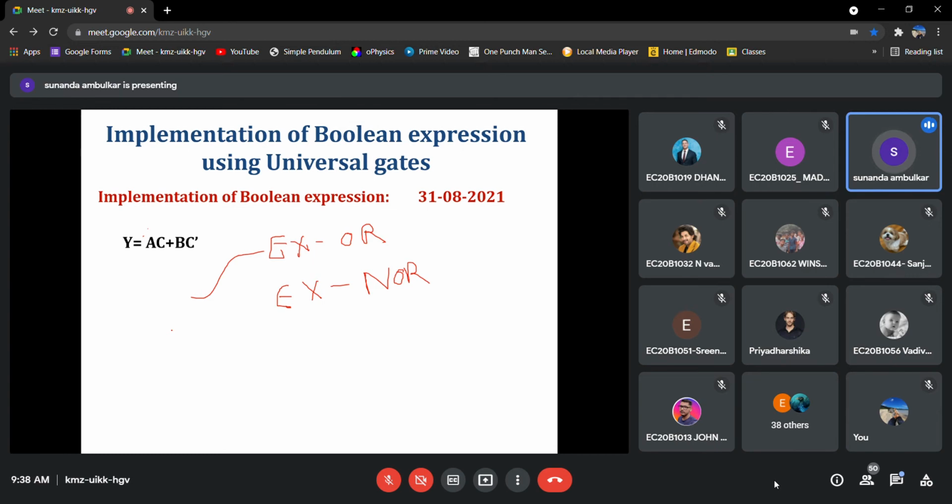To get that information we require some logic or gates or devices.